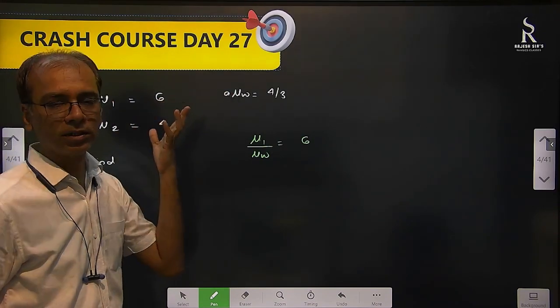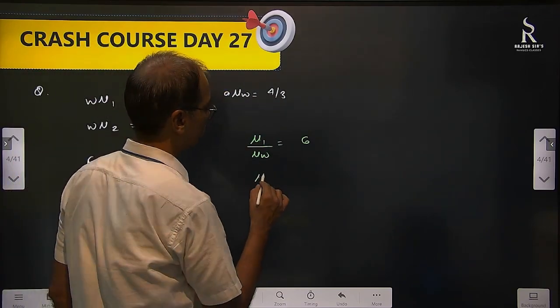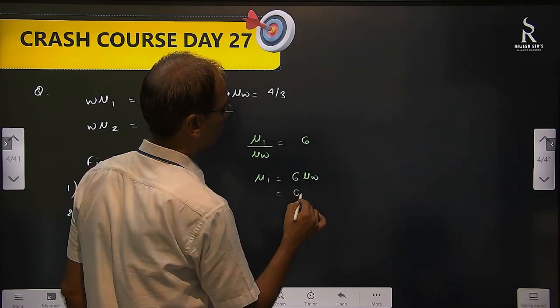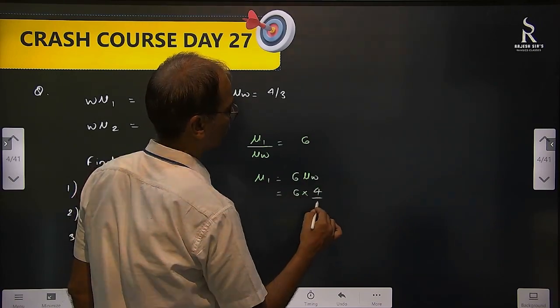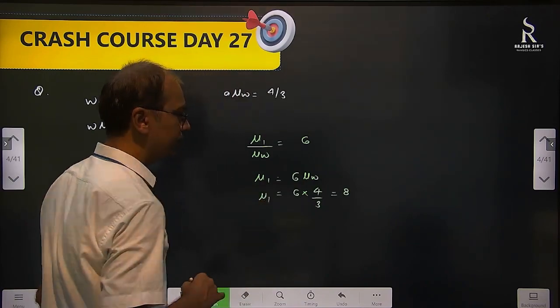Air's refractive index is 1, so mu W is given. So mu 1 equals 6 mu W, which is 6 into 4 by 3. What are we getting? 8. So mu 1 equals 8.